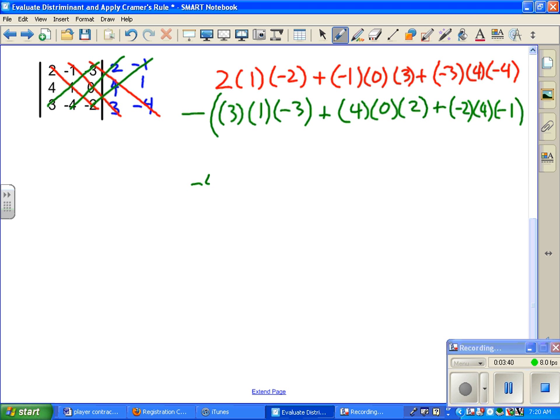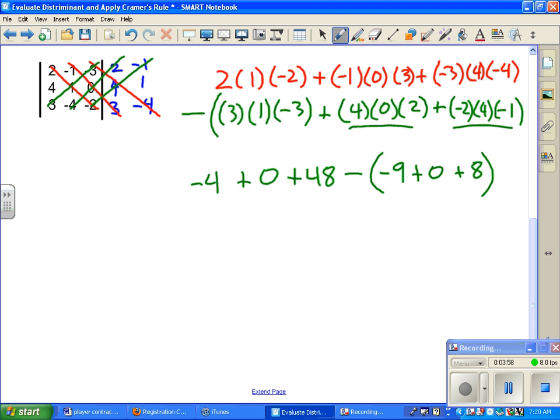Okay? So let's just simplify each piece so we can see what we have. So I have negative 4 plus 0. Let's see, and then we've got 12 times 4, which is 48. Plus 48 minus negative 9 plus 0 plus 8. If I multiply everything down here in green. Okay? So now I'm going to have to distribute my negative through and find things out.